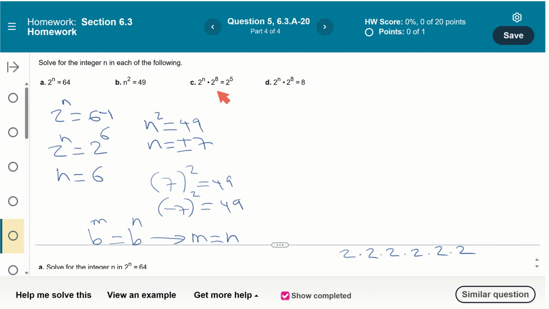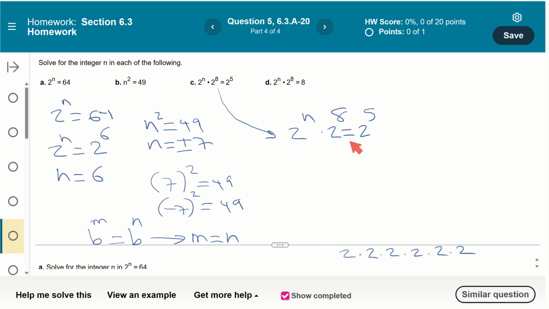All right, so how do we handle that? 2 to the n times 2 to the 8 equals 2 to the 5. Now remember, forgot our equal sign. So the first thing we want to do is get the term which has n in it all by itself.